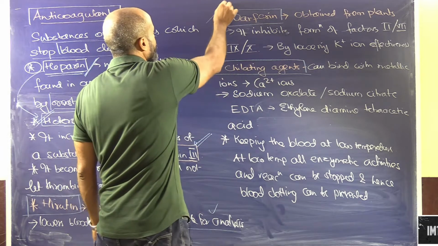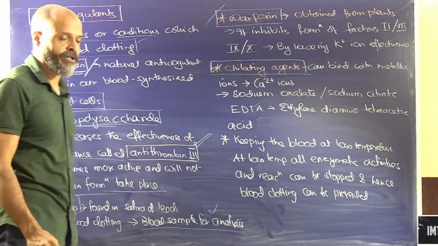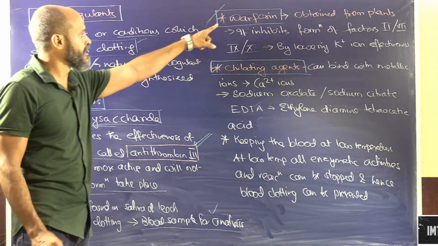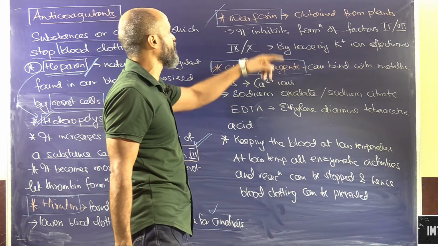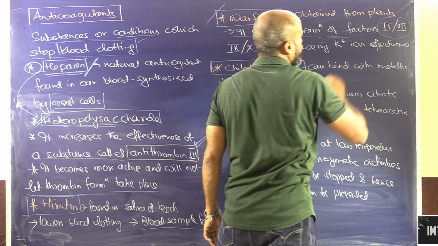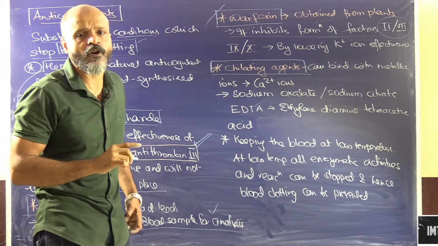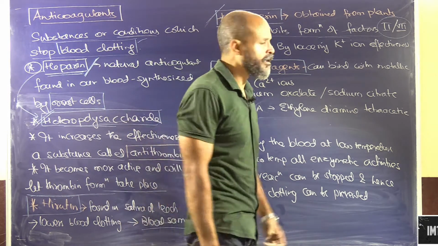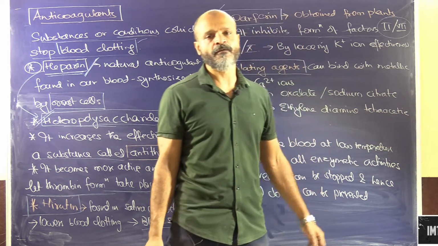Okay, this is basically an animal based protein. There is another plant based substance known as warfarin. This warfarin basically inhibits the formation of factors. As we saw, all the 12 or 13 odd factors are required for the proper formation of clotting.